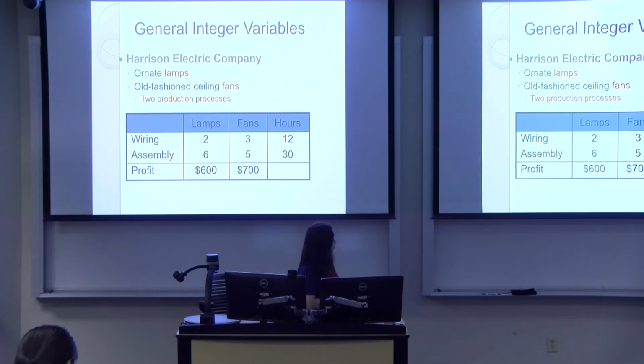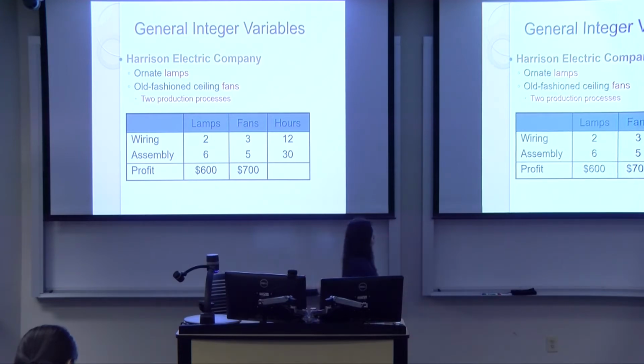So here is the summary of the problem description. The Harrison Electric Company has two products. Each has a requirement of wiring hours, assembly hours, and a profit.